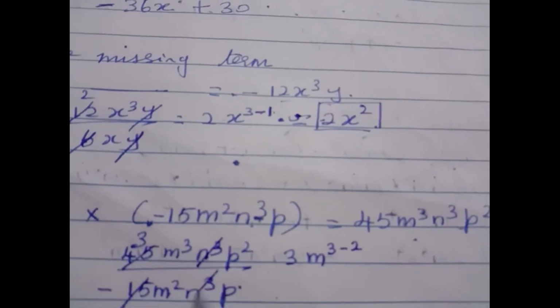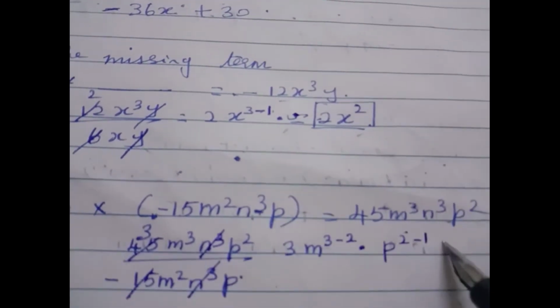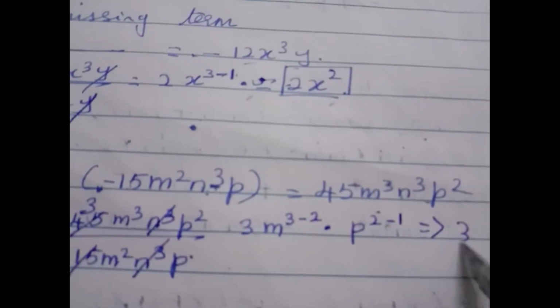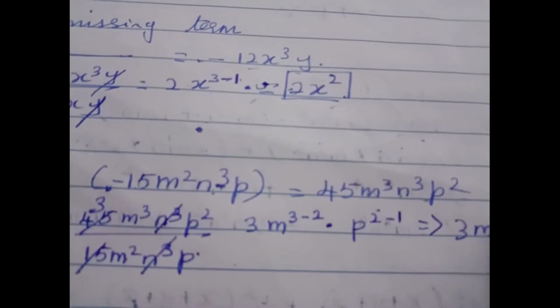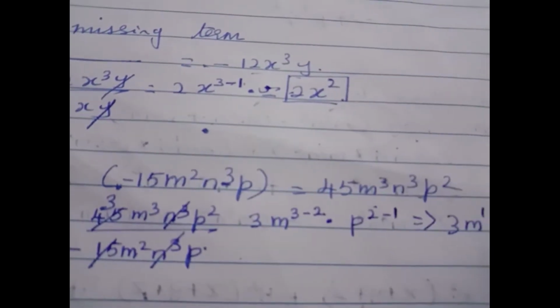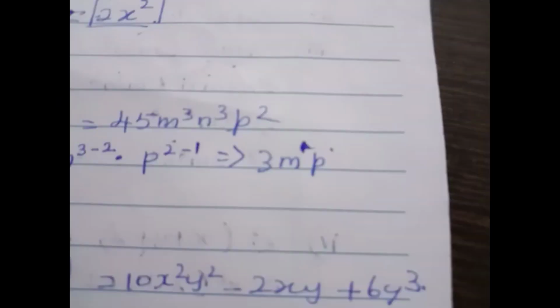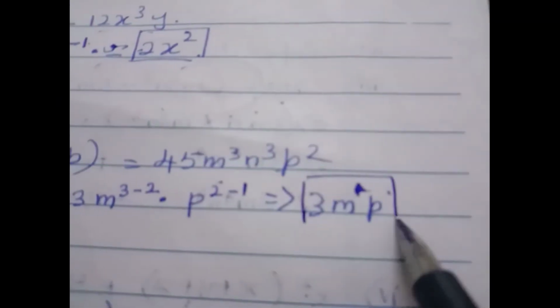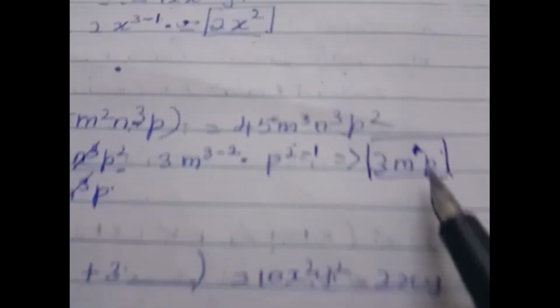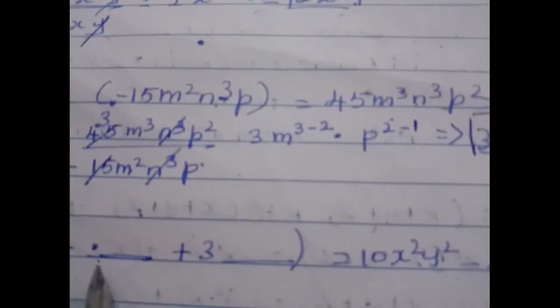Here n and n cancel. Then p, 2 minus 1, which is equal to 3m. 3 minus 2 is 1, and p, 2 minus 1 is 1. So no need to write the 1. Your answer is 3m into p.